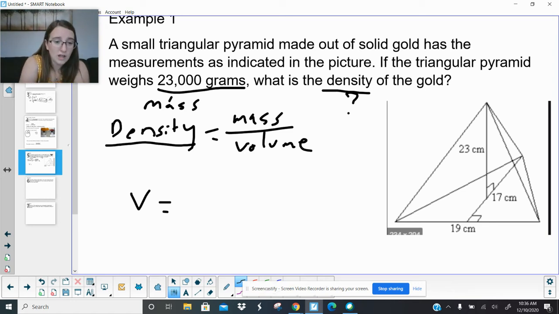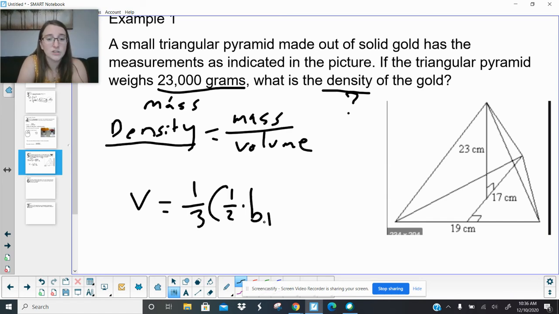Okay, so here's the formula. I'm going to go ahead and use the one that I expanded just so you can see that. It's 1/3 times 1/2. I know that's confusing, but this is the way it works out. Times the base of the triangle. Now what this is referring to is the base of the triangle lying flat, the triangle it's sitting on. Times the height of the triangle it's sitting on.